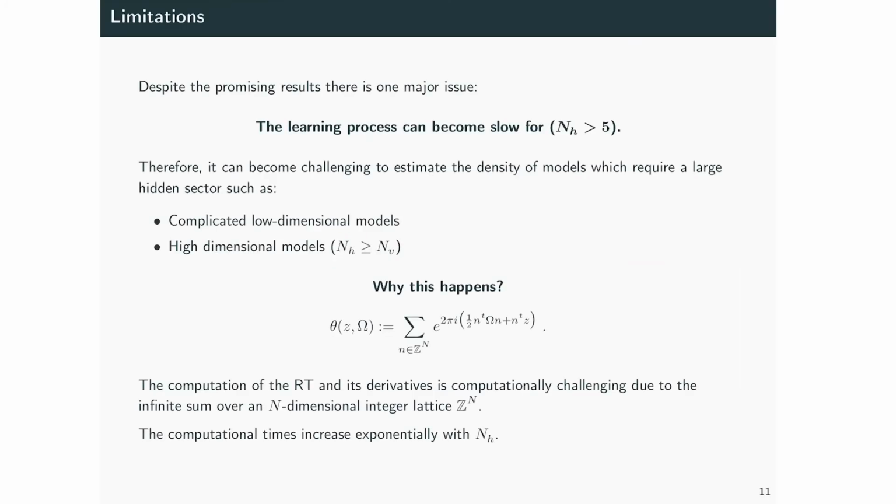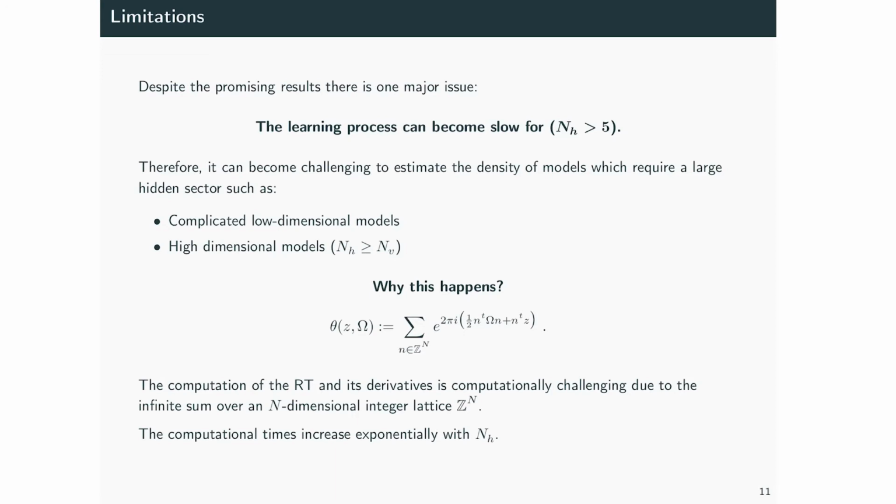So this is what was done before, but this model has a few limitations, in particular the fact that the learning process can be quite slow if we increase the number of hidden nodes. And if we are not able to fully use a large number of hidden nodes, it will be complicated to estimate, for example, some probability distributions which are complicated in a low dimension, so some non-trivial probability distributions.